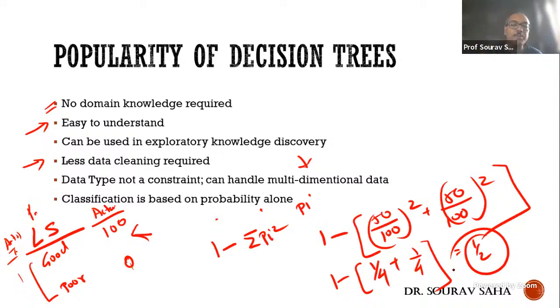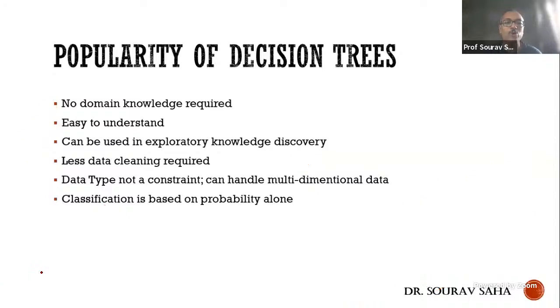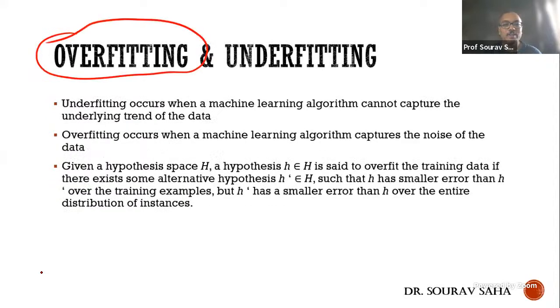If you're using entropy, use entropy throughout the problem. If you're using Gini index, use Gini index throughout. The same if you're using the chi-square model. Okay. I hope if you go back and reread the slides, things will be clear to you.